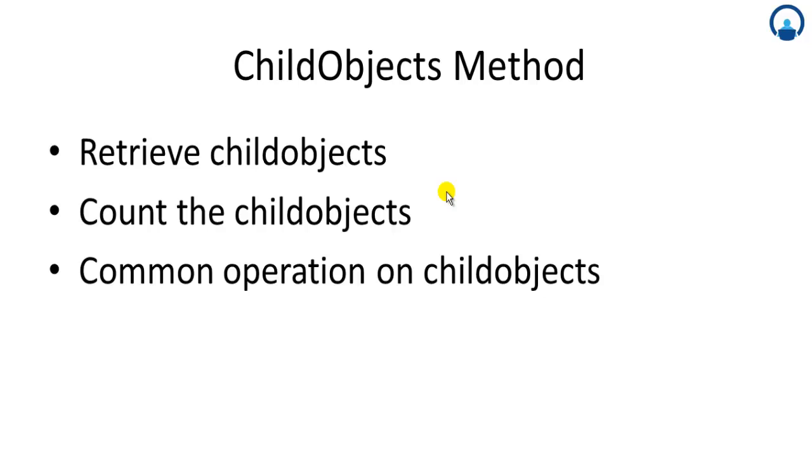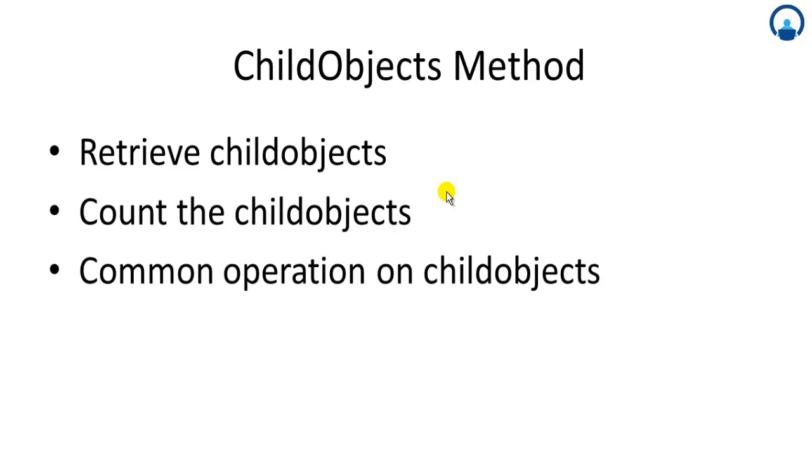When I know the dynamic count of my child objects, I can perform the operation on them, because now I know how many children I have for a particular class. So the child objects method gives the count of the child objects. It can be 5, it can even be 0 if the child object is not present on the page in the first place.